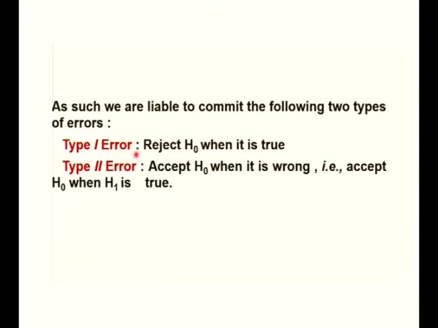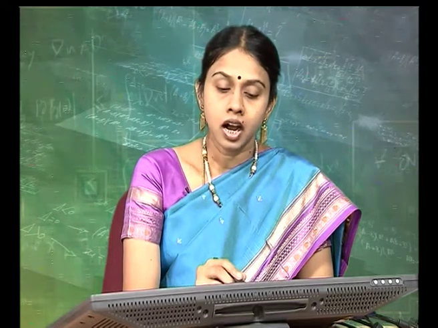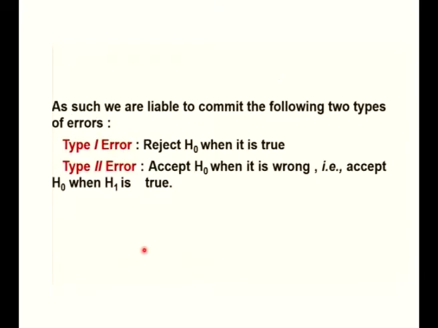It is like when you are examining items in an industry, the defective items are taken into account and the good ones are rejected. Good ones being rejected is called type 1 error. Okay. Type 2 error is accepting H naught when it is wrong.